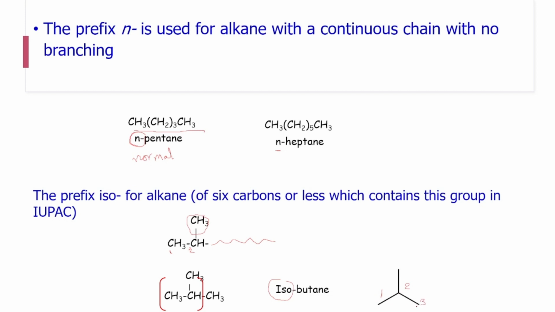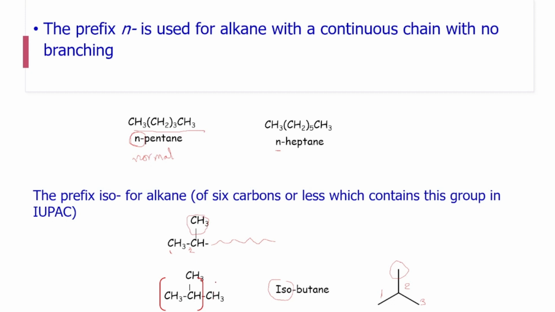This is butane. If I have a methyl group at carbon number 2, then I'm going to add the prefix iso before the name. So always remember, when you have a methyl group at carbon number 2 of the alkane, add the prefix iso to the name.